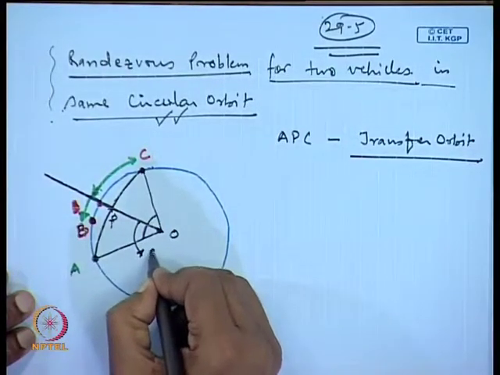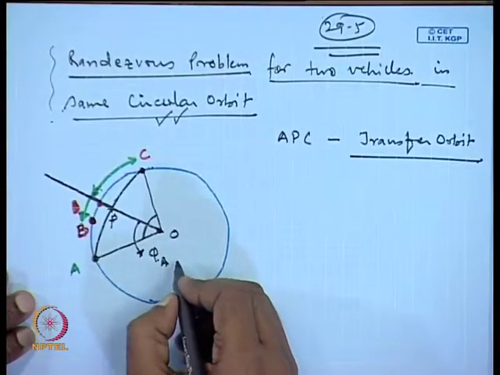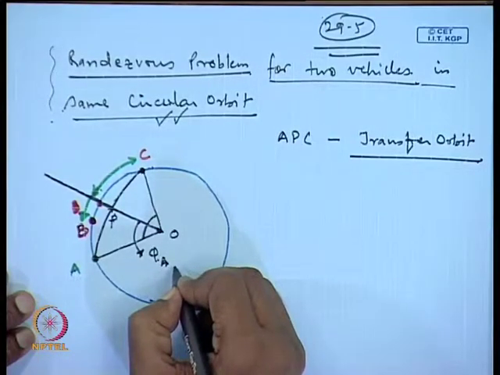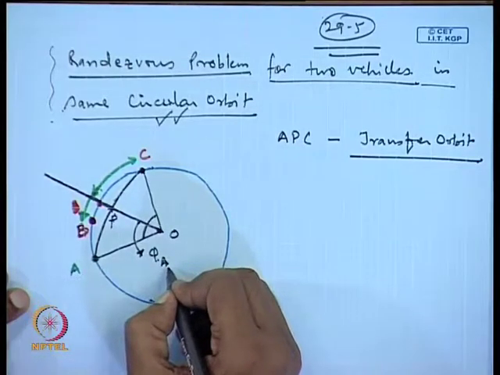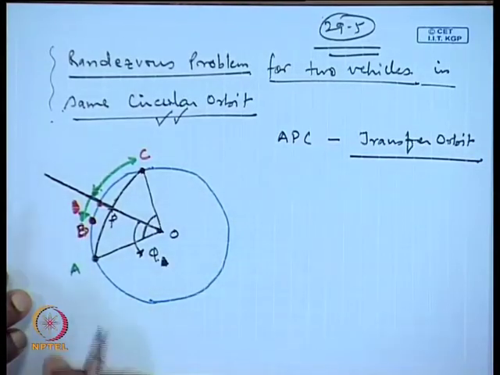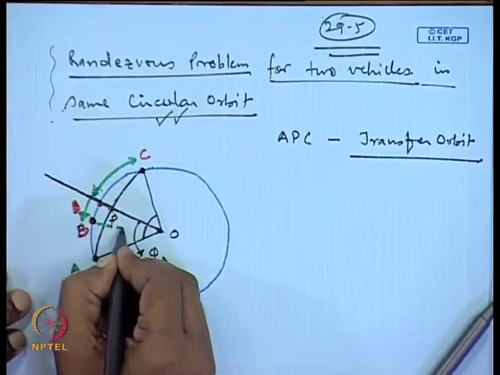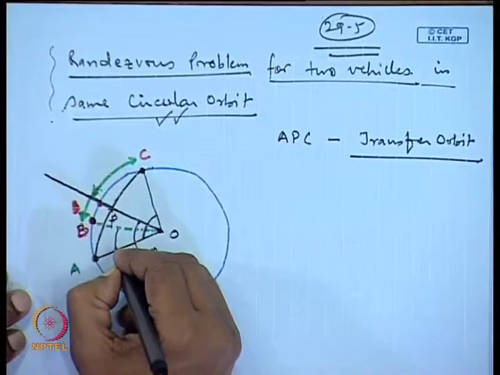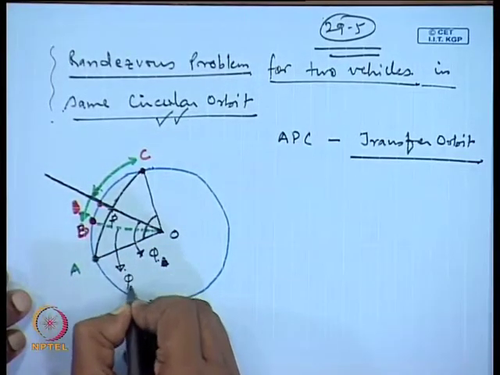This angle is phi, this let us write as a division, and the angle from here to here we write as phi AB.